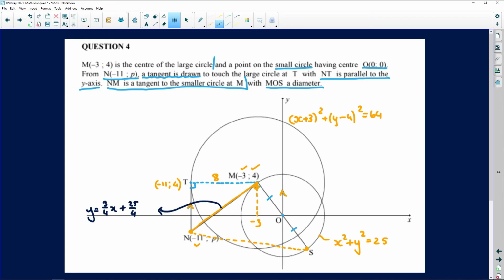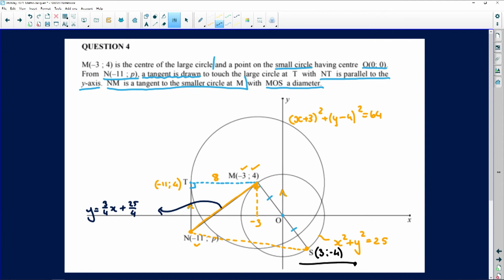If I want to write down the coordinates for point S, I've got to see it is 3 units to this side. I'm reflecting it in the origin over here, and it will then be −4 in the y direction. So S is the point (3, −4), and they want us to find the length of NS.